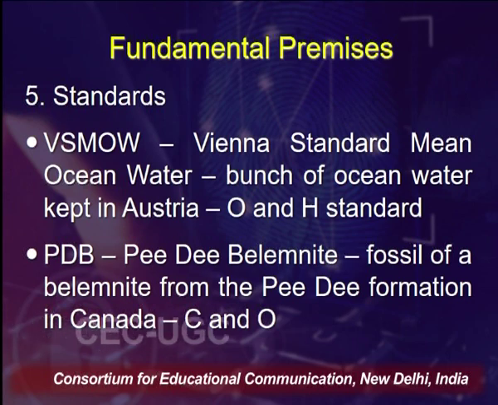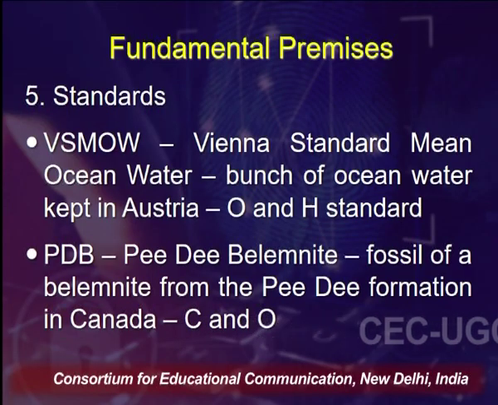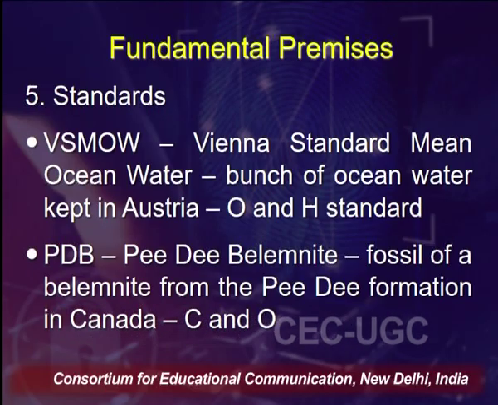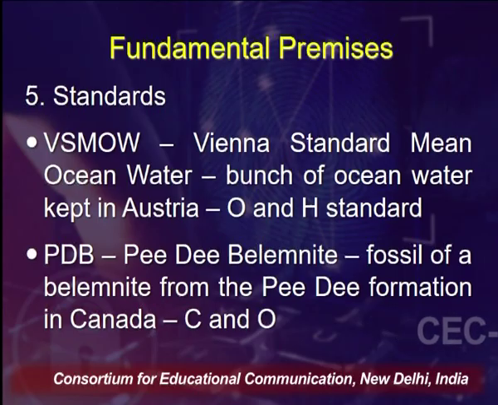For example, VSMOW, Vienna Standard Mean Ocean Water, where we have a bunch of ocean water kept in Austria. We have PDB, that is the Pee Dee belemnite, a fossil of belemnite from the Pee Dee formation in Canada, which is used for carbon and oxygen.